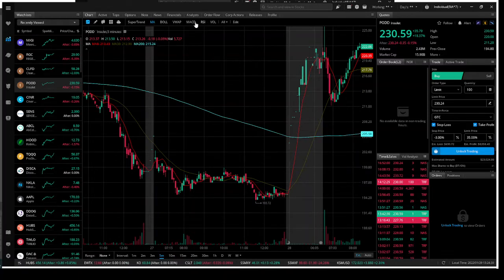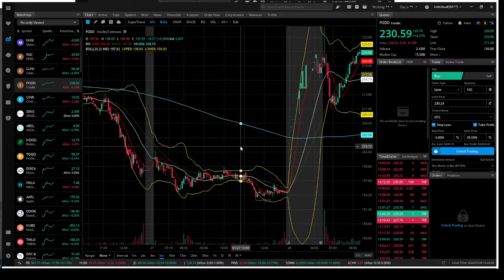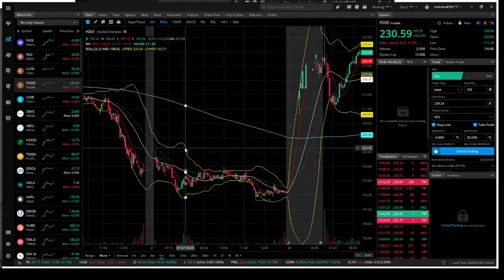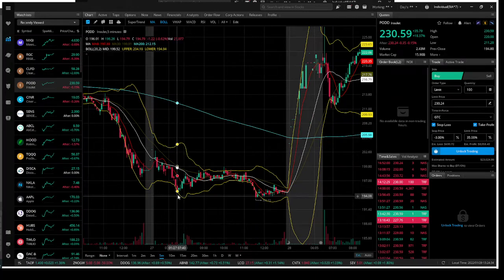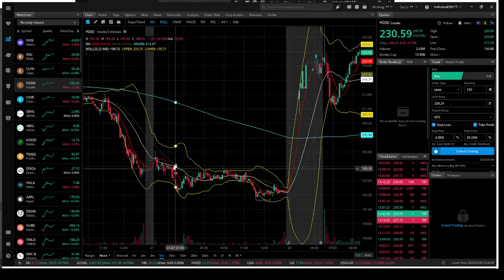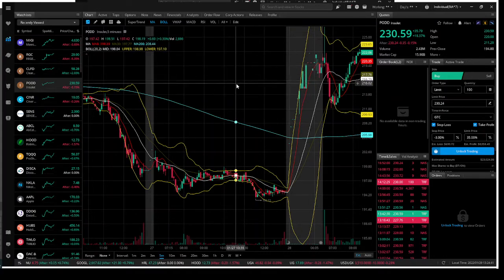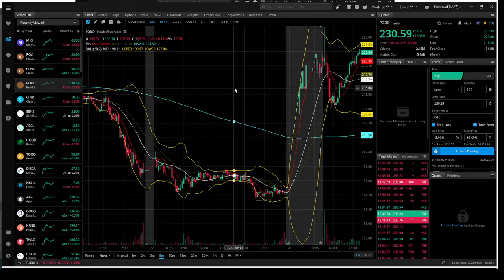If Bollinger Band is not listed here, just click the all button. Okay, you should be able to see it. Do note that on Webull, Bollinger Band is noted as BOLL, which is short for Bollinger Band. You can set your upper band to be any color and your lower band to be any color. Do note that my moving average has periods of 8, 30, and 200, but there is also a 20 period moving average.